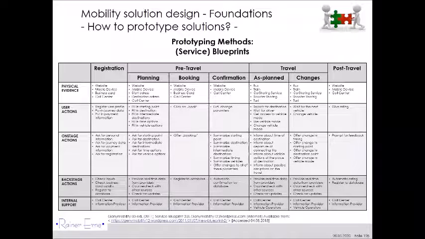So the service blueprint displays not only the horizontal customer journey with a solution, but goes beyond the on-stage or front-stage actions, also to the level of backstage actions.